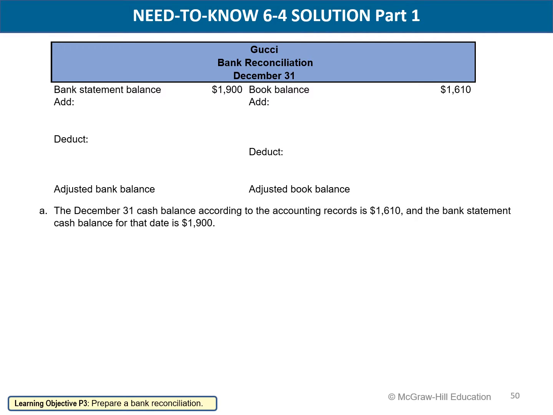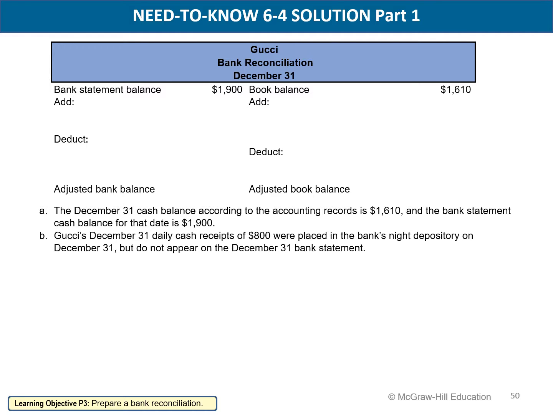So here we go. So A, December 31st, cash balance according to the accounting records is $1610 and bank balance is $1900. So we put the $1610 and the $1900 up here in the applicable spots, right? Then Gucci's December 31st daily cash receipts of $800 were placed in the bank's depository at night on the 31st, but they don't appear on the statement.